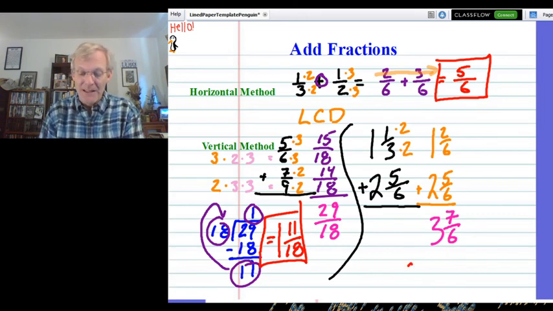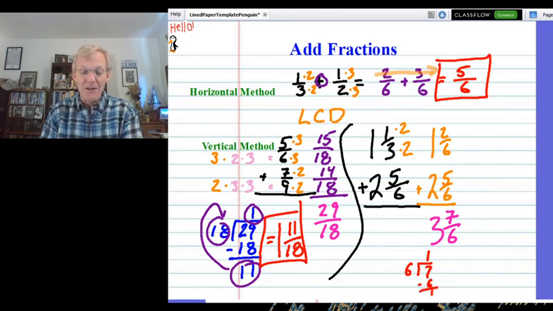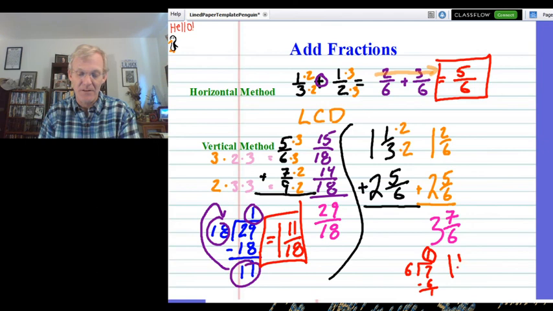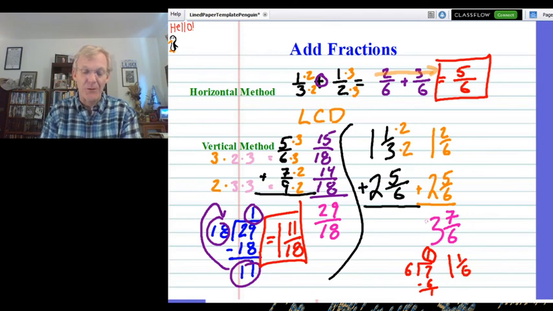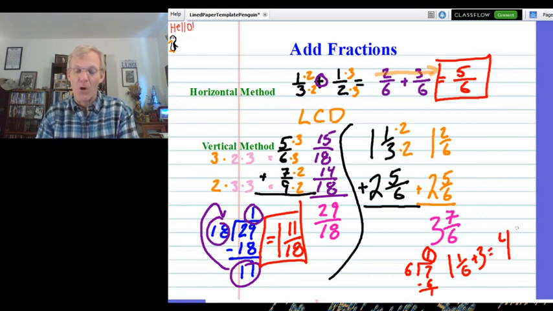Right. 6 will go into 7 one time. 1 times 6 is 6. We subtract, get a 1 remainder. So this 7/6 is the same as 1 1/6 plus the 3. So we end up with a final answer of 4 1/6.